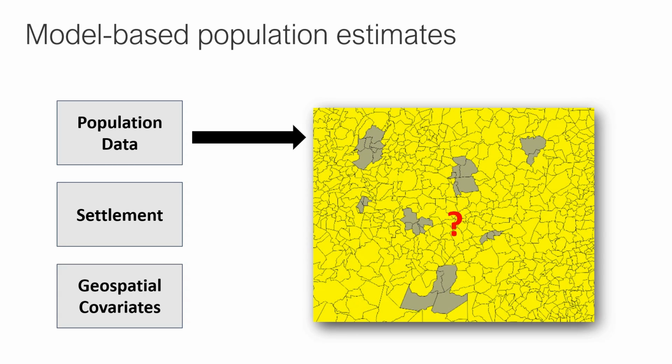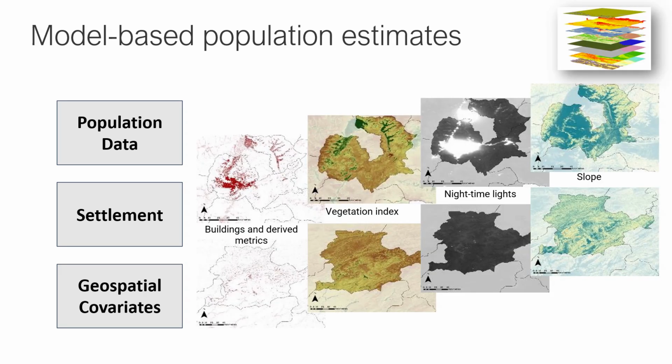Or we may have the reverse situation where small area enumerations were able to be done in the brown areas, but there were huge areas that weren't covered. But of course, what we do have across the entire area of interest are these geospatial data sets again. So we have things like the buildings map from satellites, vegetation amount, night light slope.